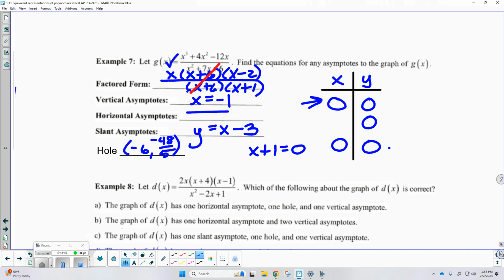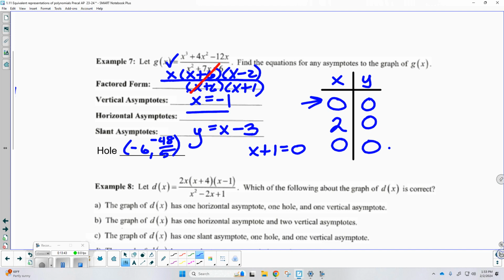So what's the only thing left in the numerator? Two. Because if x minus 2 equals 0, x would equal 2. Okay. All right. Good, good, good.